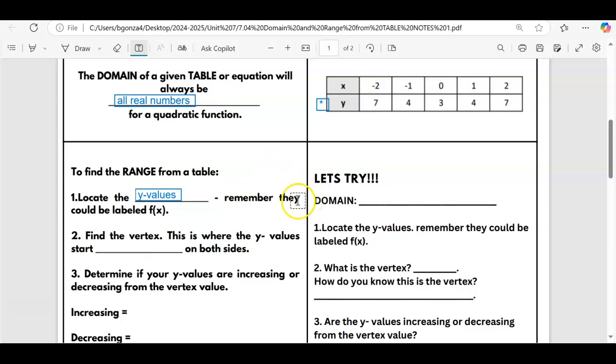That's my range, okay? All right. We know the domain, like we already said, is all real numbers, okay? Did we locate the y values? Yes, we did. Okay, step 2, find the vertex. This is where the y values start repeating on both sides.